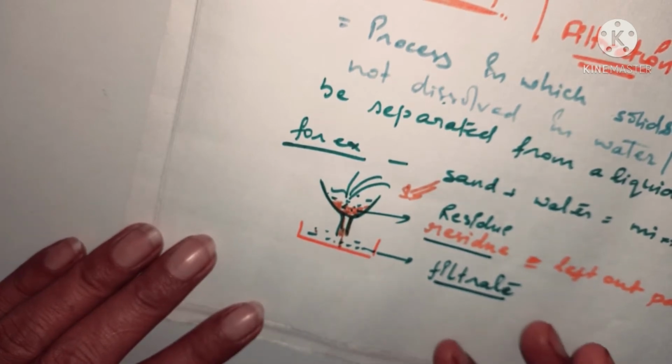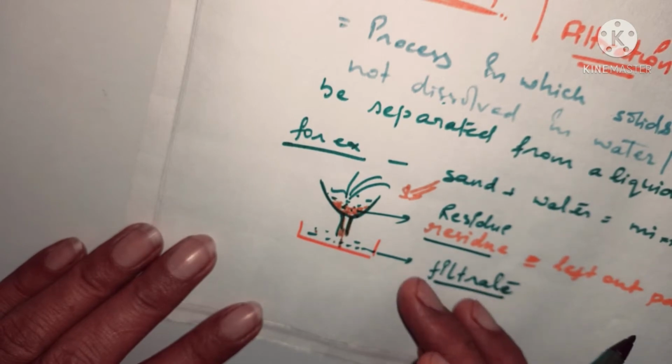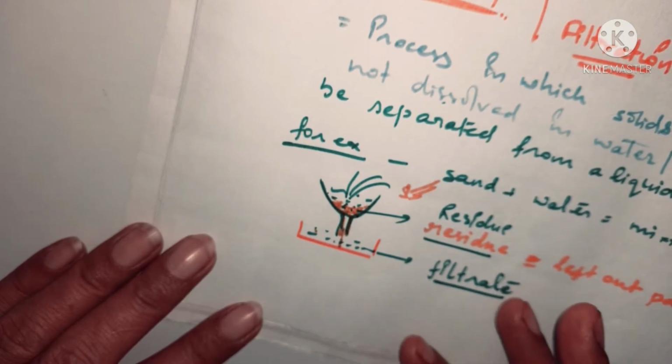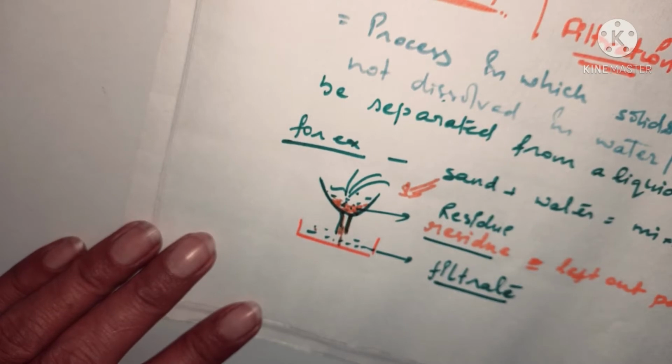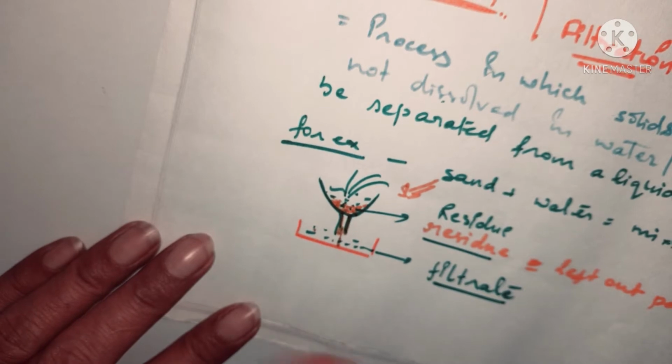So when we go for the filtration process, the particles which are left in the funnel are known as residue, and that which goes out of or passes through the funnel is known as filtrate. Understood? Filtration is a very commonly used process, even in our homes.